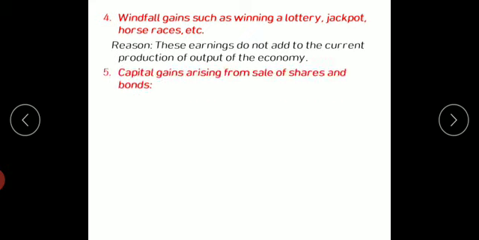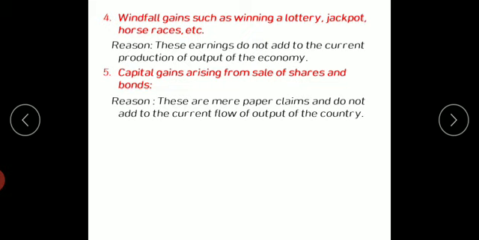Then, capital gains arising from the sale of shares and bonds. When we purchase shares from companies, suppose the value of shares or bonds rises. Then the gain that we make from the rise in the value of shares or bonds of a company is also not included in the national income, because these are simply paper claims. Suppose the company is making good profit and the value of the share is rising.